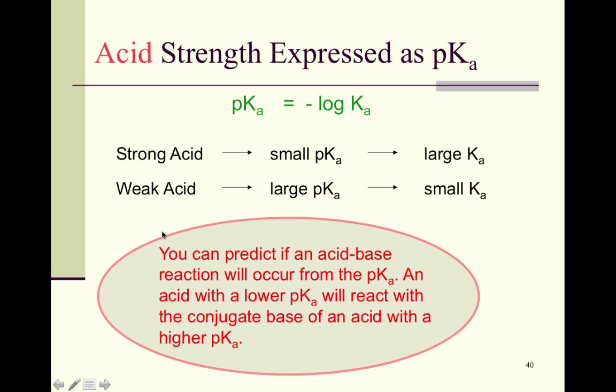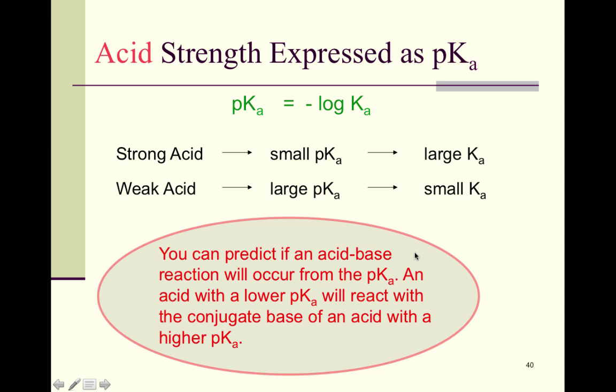So the theory part that you need to know. A strong acid, an acid that's really willing to give up its hydrogen, will have a small pKa. A strong acid will also have a large Ka. A weak acid, an acid that's not really as likely to give up its hydrogen, will have a large pKa and a small Ka. So you need to know the theory behind this so you can compare them. You can predict if an acid-base reaction will occur from the pKa.